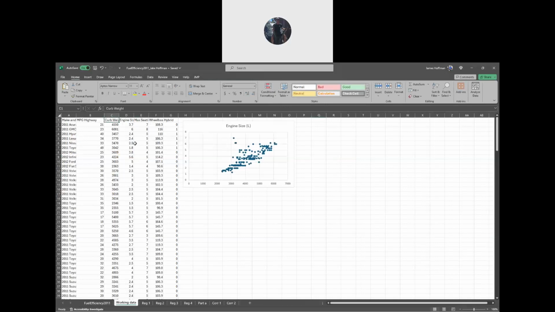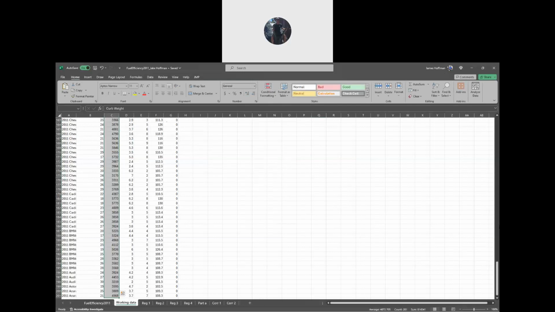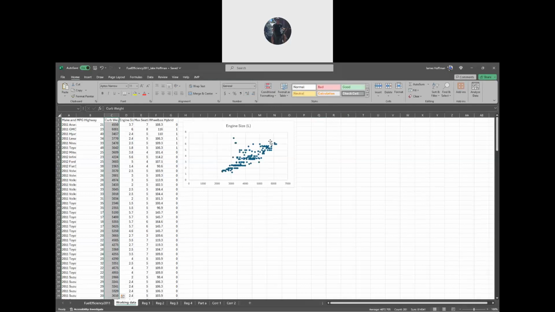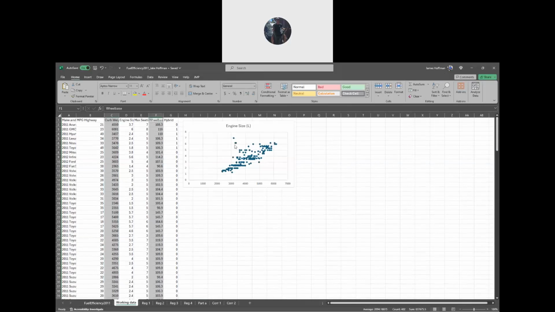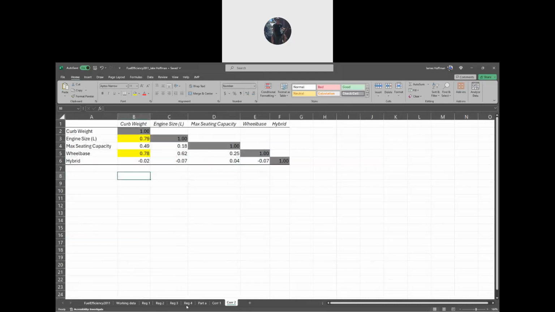You can make a graph of two non-consecutive rows if you choose one, and then if you hold down Control and use the mouse to select the other, like this. So curb weight and wheelbase selected.